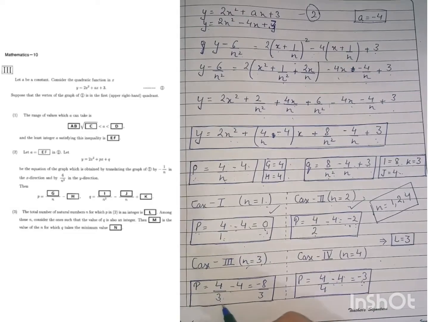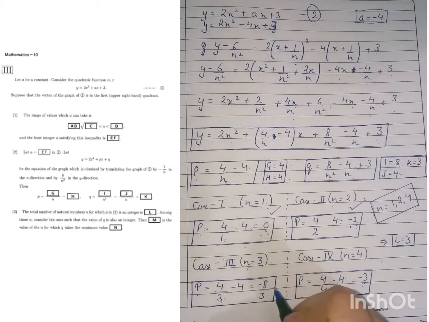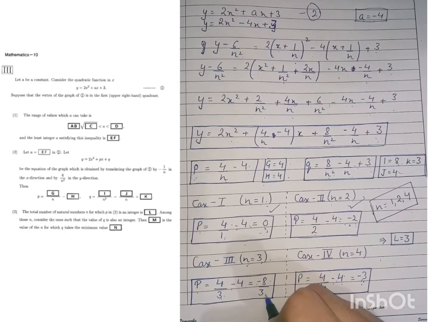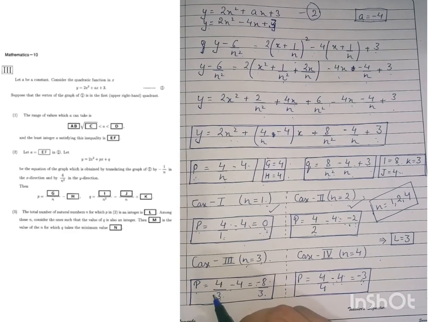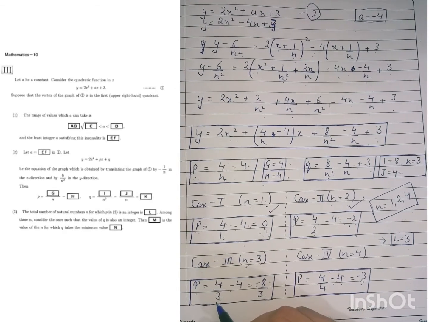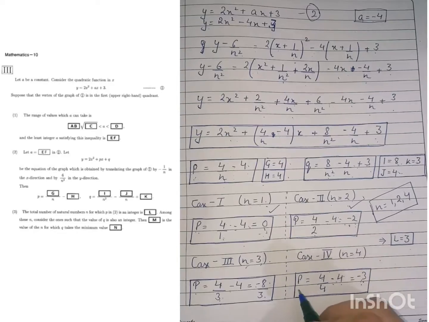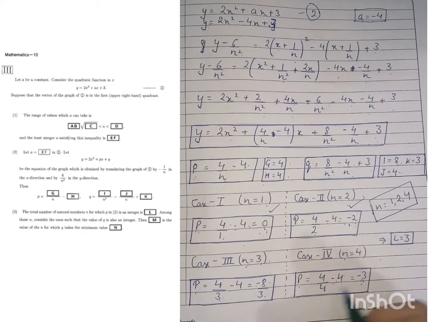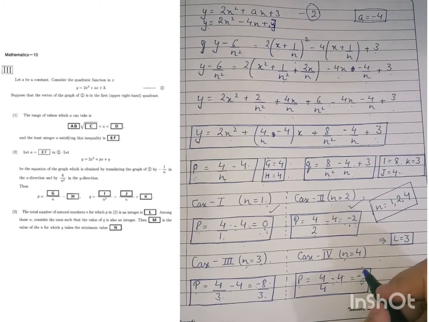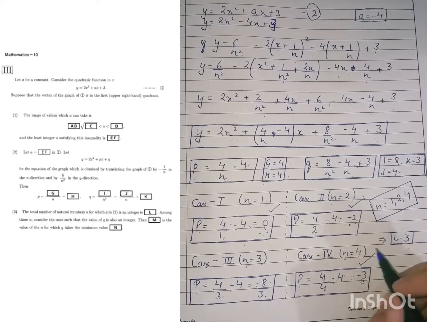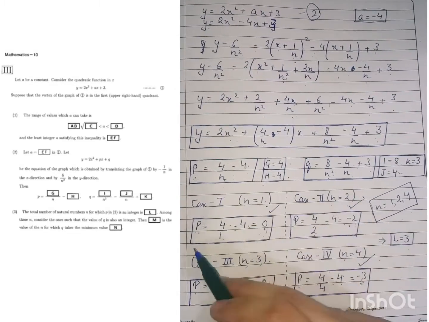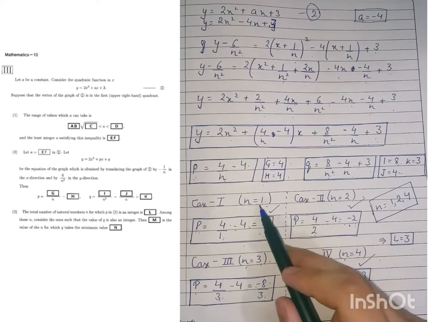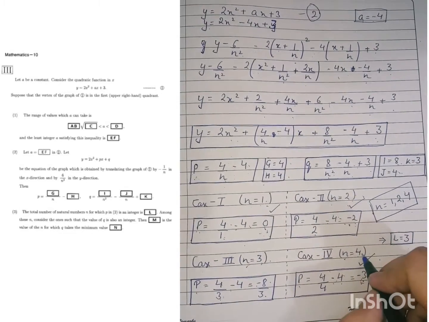When we put n is equal to 3 in the equation of p, we get -8 upon 3, a fraction. So next is n is equal to 4. So p comes out to be -3, which is again an integer. So there are three natural numbers which satisfy p is an integer, which is 1, 2 and 4.